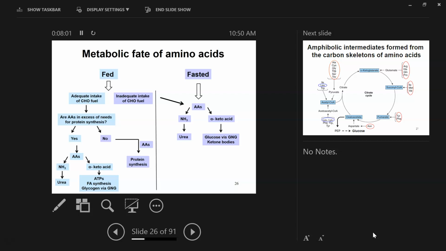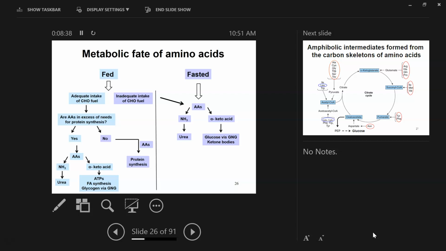So there are two parts: one is nitrogen metabolism and the other is carbon metabolism. First we need to remove nitrogen as ammonia, and ammonia will be detoxified by urea synthesis. The carbon of the amino acids will first go through oxidation to remove the amino group, leaving the alpha keto acid, and the alpha keto acid can be further oxidized to produce ATP.